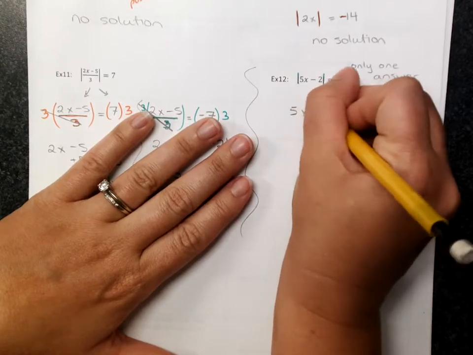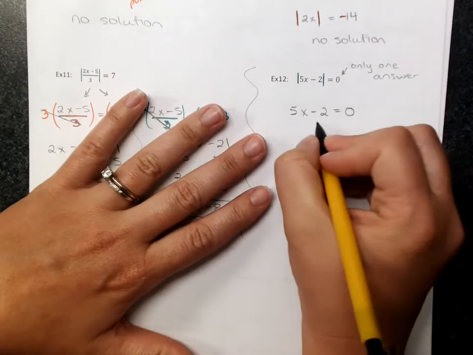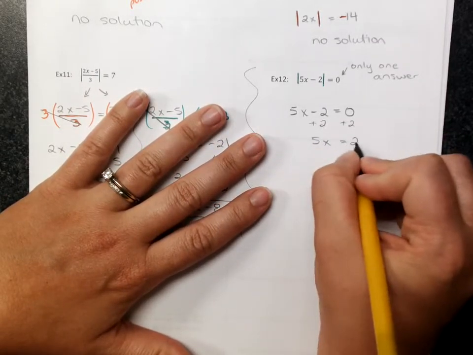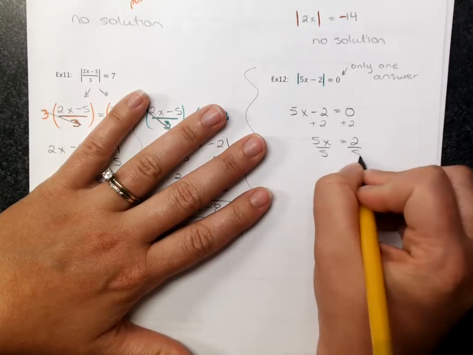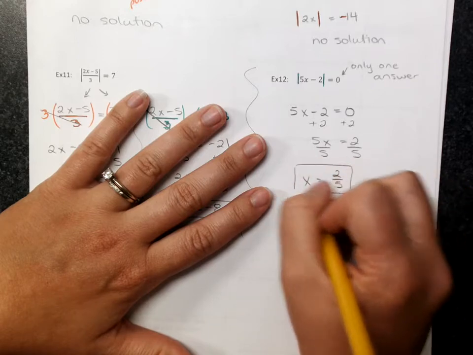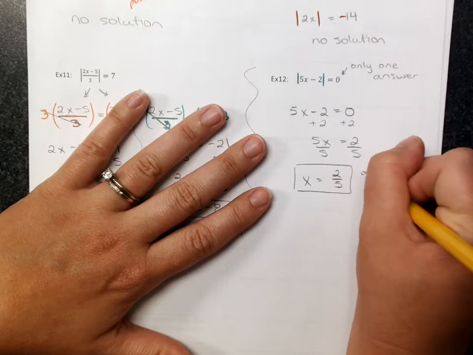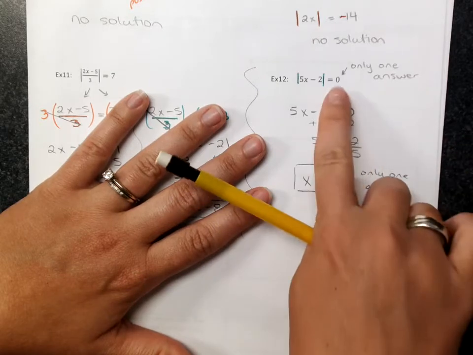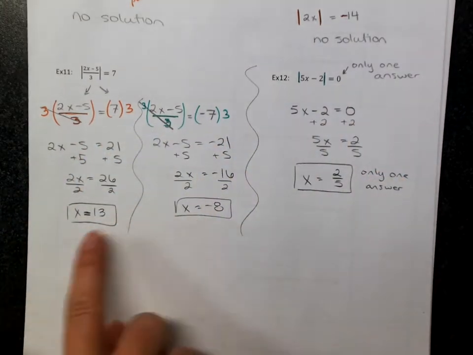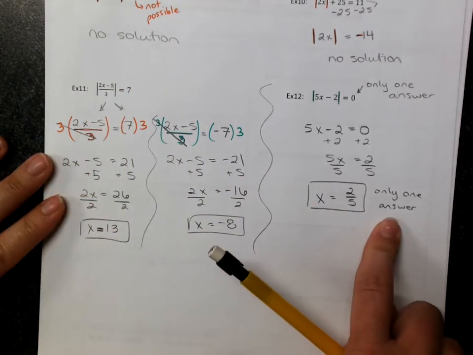So we only have 5x minus 2 equals 0. 0 is just 0. There is no positive or negative. And we'll just solve that one equation. So x equals 2 over 5. And there's only one answer. That is the only time you're only going to get one answer. Again, it does not happen very often. Most of the time you should get 2 answers. Very rarely you'll get no solution or just one solution.